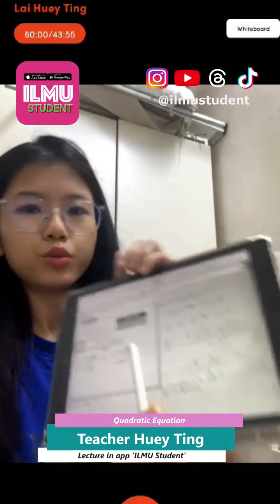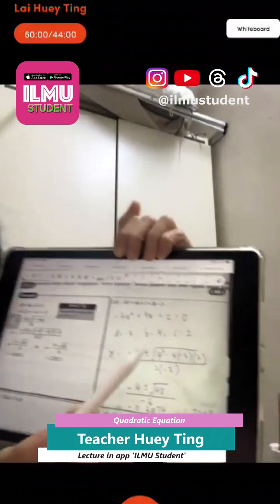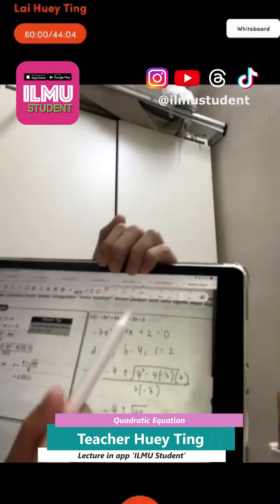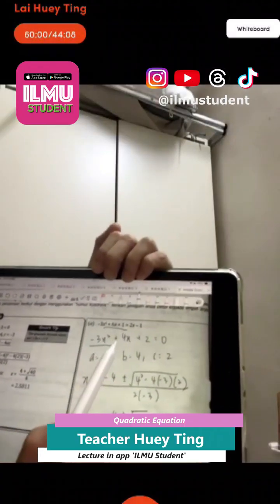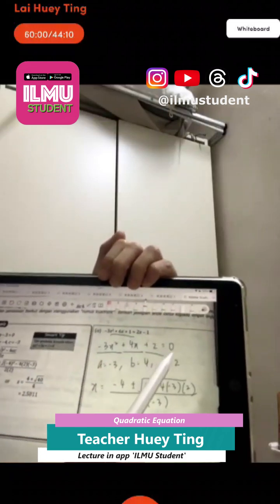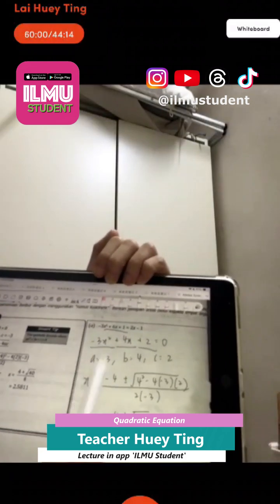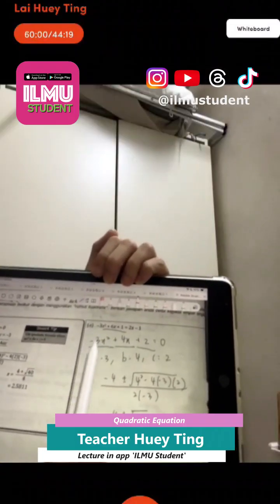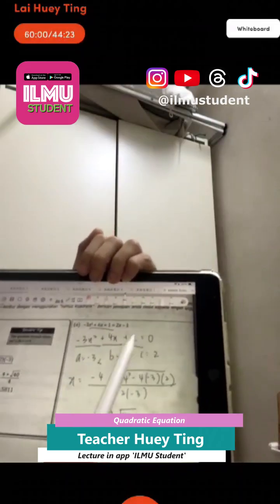Okay, so for this question, we first have to rearrange it from this. So we get minus 3x squared plus 4x plus 2 equal to 0. Then after that, we have to identify the values of a, b, and c. So our a is negative 3, and b is 4, and c is 2.